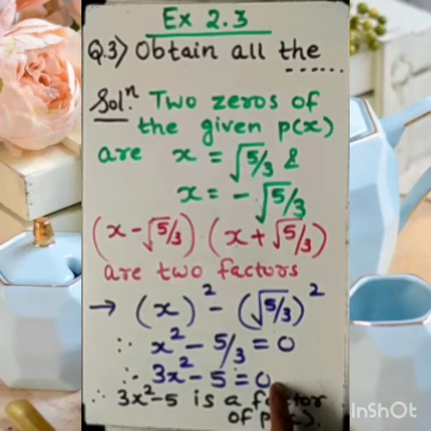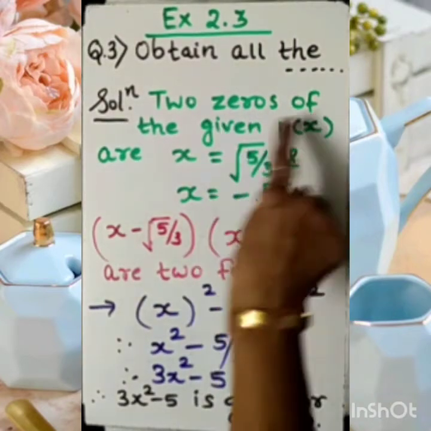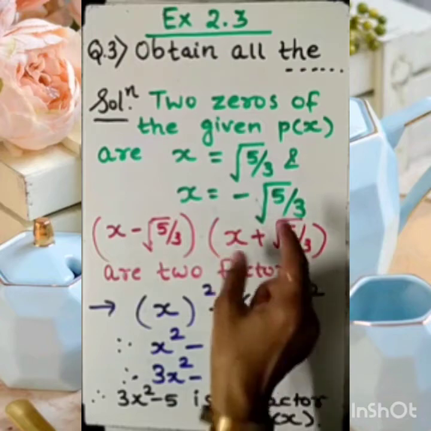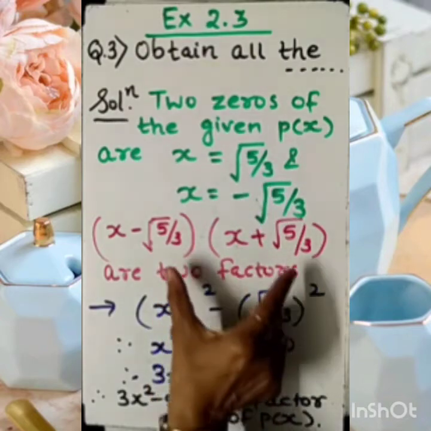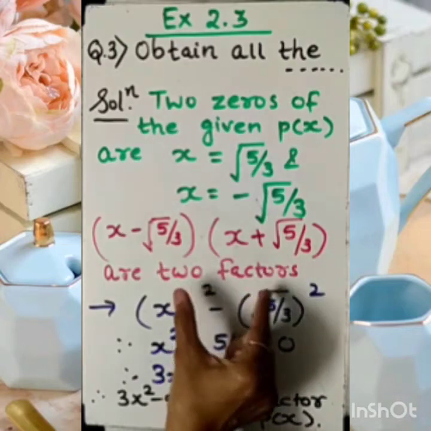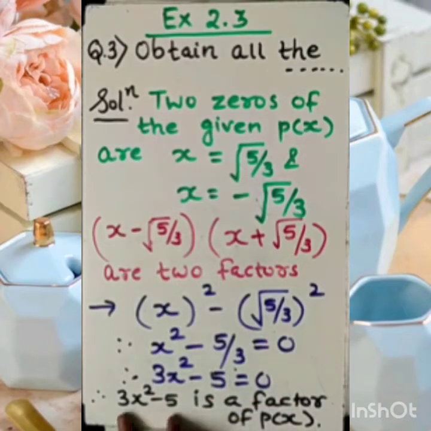And this 3 into 0 will be multiplied, so it will become 0. So finally we can say, in the beginning we were given these two zeros, but through that we combined and got these two factors, and after combining the two factors we got this result, which is also a polynomial and also a factor of p(x).